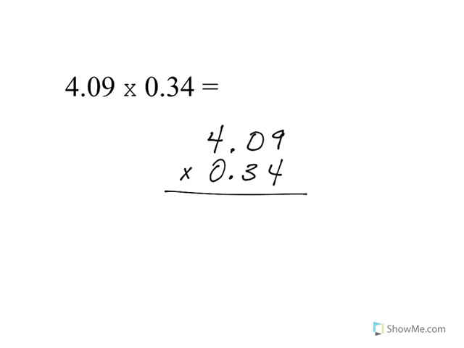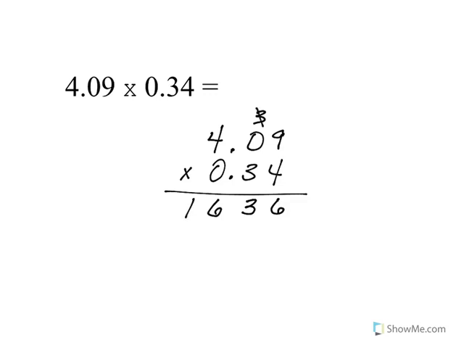Now, 9 times 4 is 36. So I'm going to put my 6, carry my 3. 4 times 0 is 0, plus 3 is 3. Many kids make mistakes with that 0. 4 times 4 is 16.